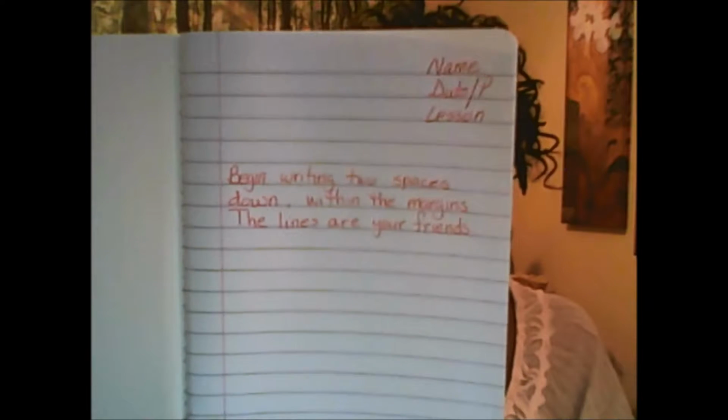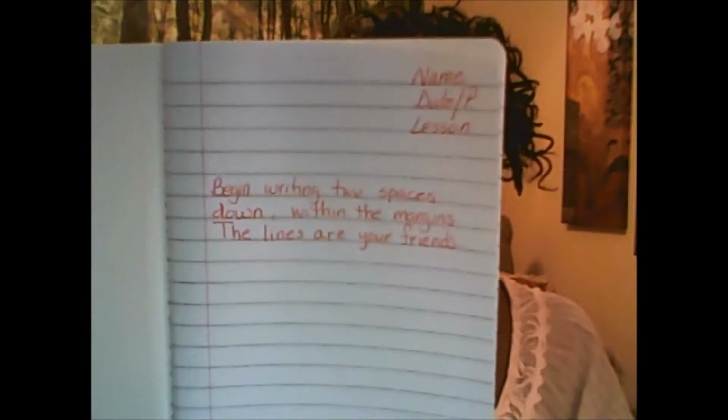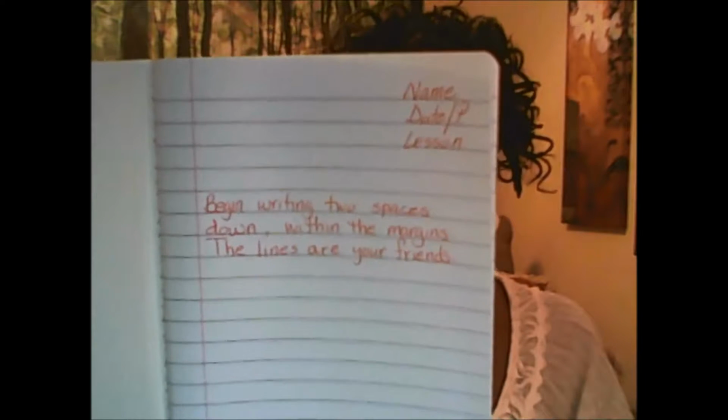Then I want you to skip 2 lines and I want you to begin writing. Whether we're doing note-taking or you're writing a paper, it does not matter. And I want you to stay within the boundaries of the margins and the lines because the lines are your friend.